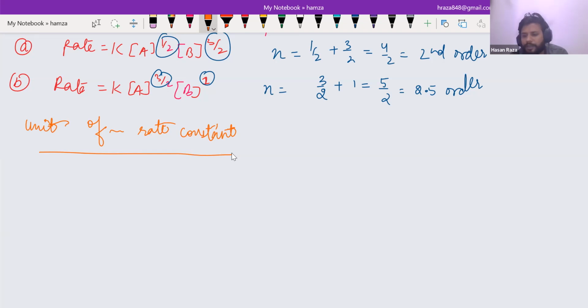So basically rate constant K has different units for different orders of reaction.